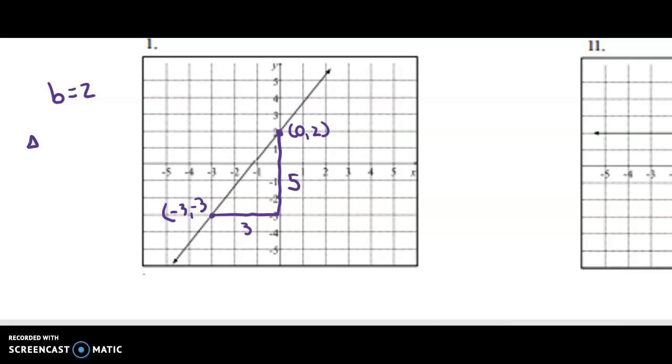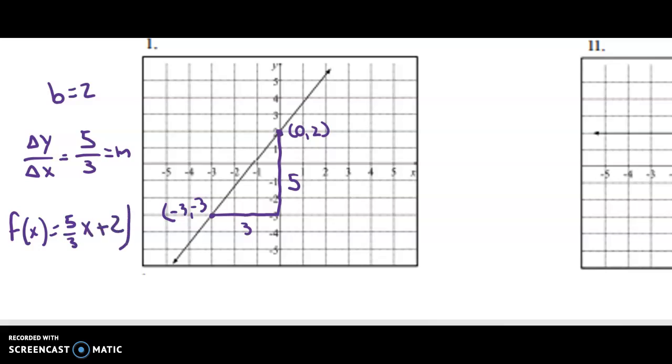So my change in y over my change in x is going to be 5, because y is vertical, over 3. So that's my value of m. So here we have f of x equals 5 over 3 x plus 2 for our equation. You can see this is a positive slope, so the function is increasing.